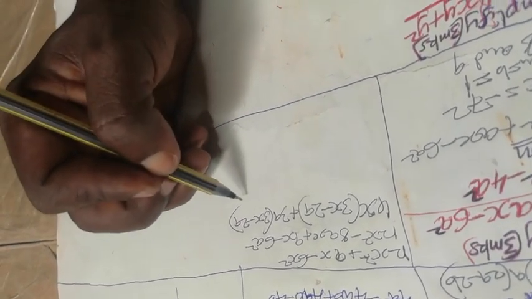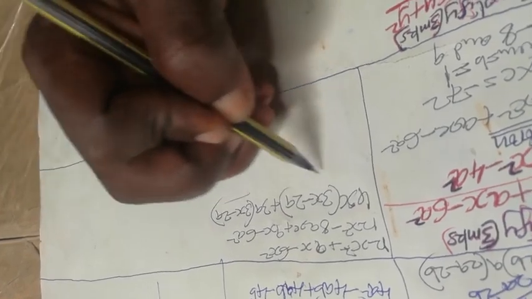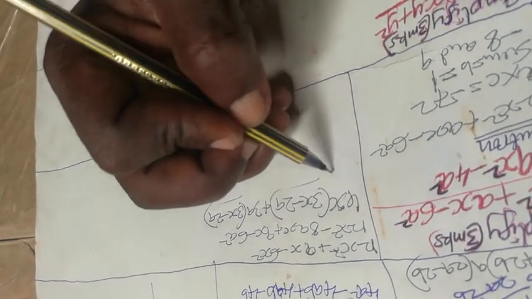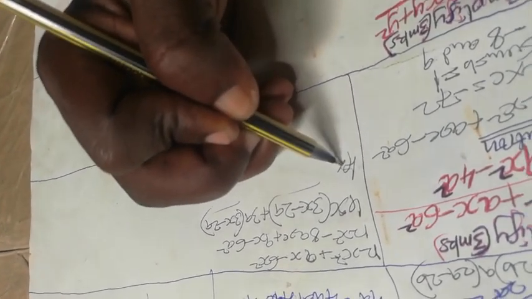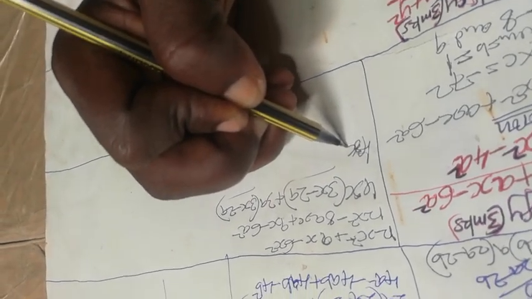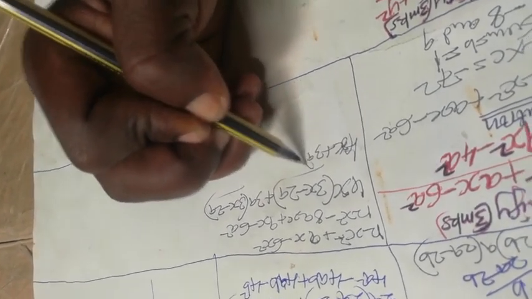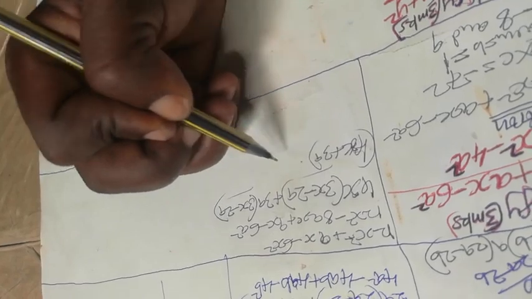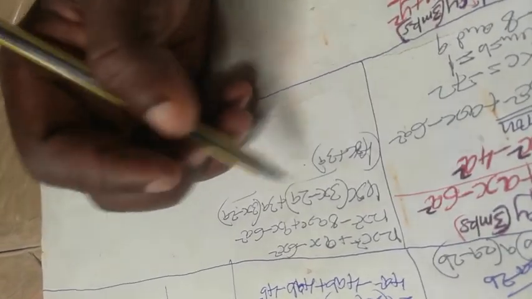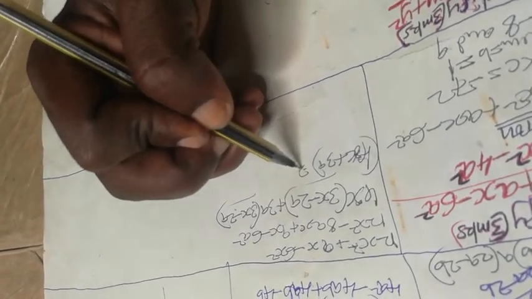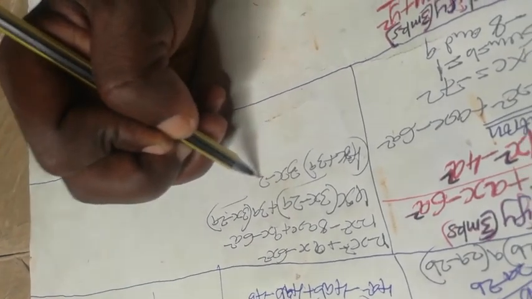Now these are common factors, hence we say 4x plus 3a into brackets. We choose any of these which are common, bracket 3x minus 2a.